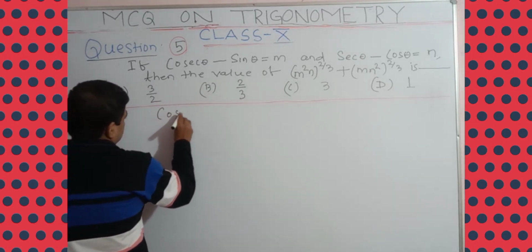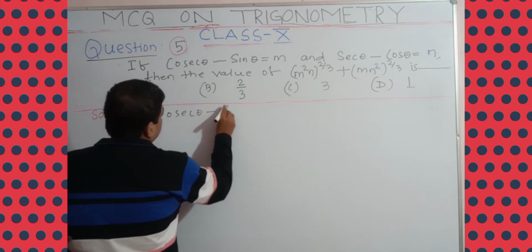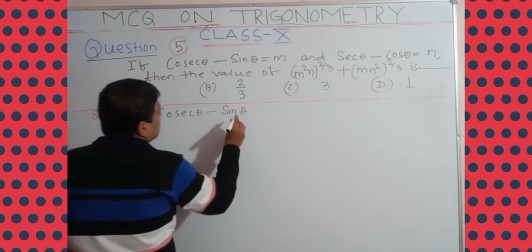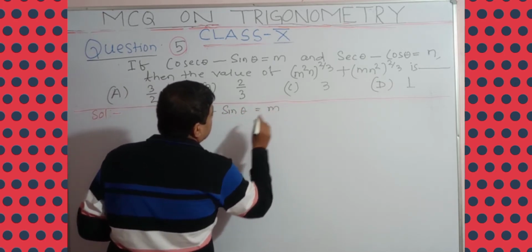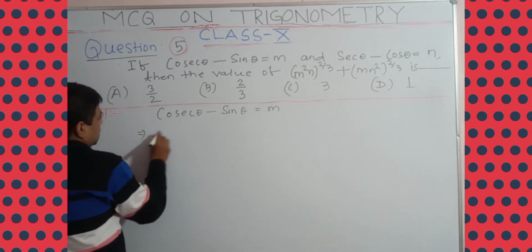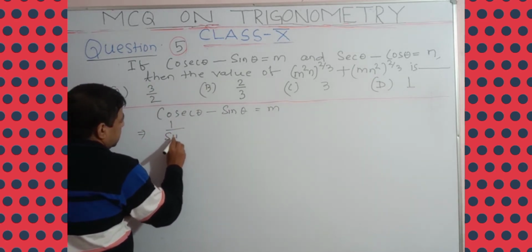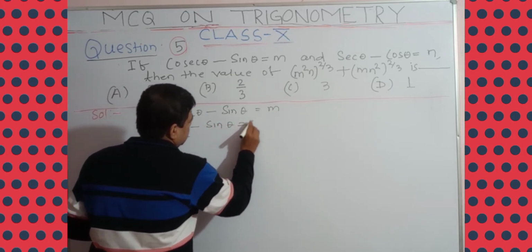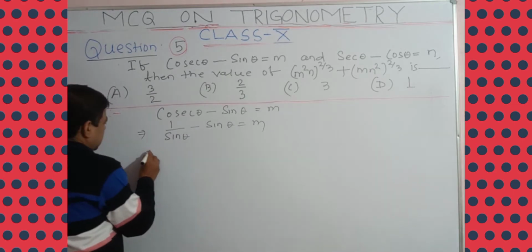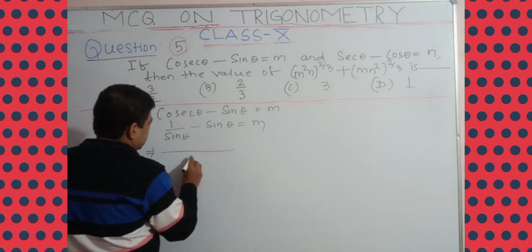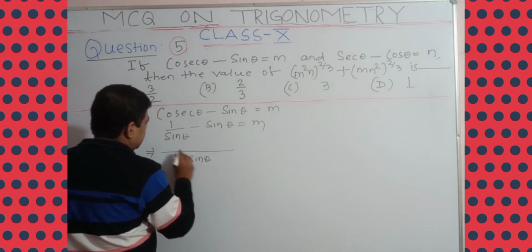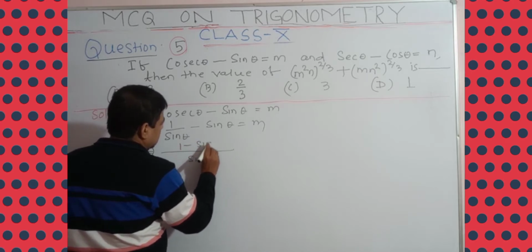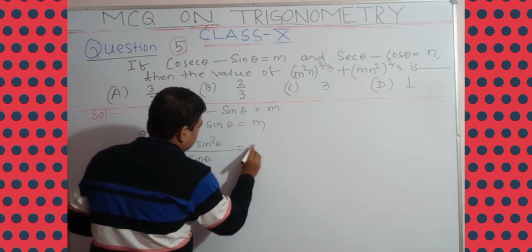Cosec theta minus sin theta is equal to m. Now cosec theta can be written as 1 upon sin theta, minus sin theta. Let us simplify first. After taking the LCM, LCM will be sin theta, and it will be 1 minus sin square theta is equal to m.